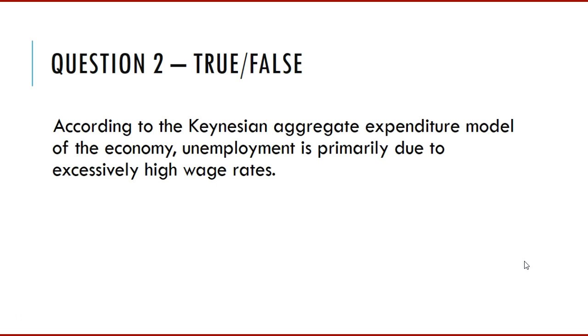If aggregate expenditure falls, firms respond by reducing production and laying off workers. In order to employ workers again, you need to increase expenditure in the economy as a whole.